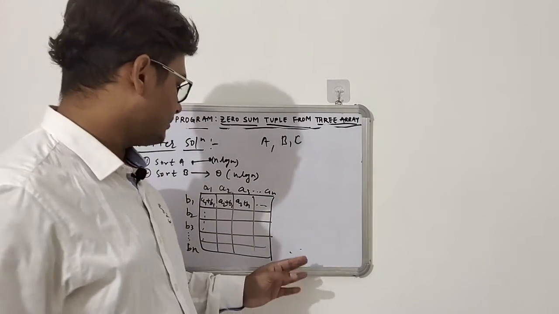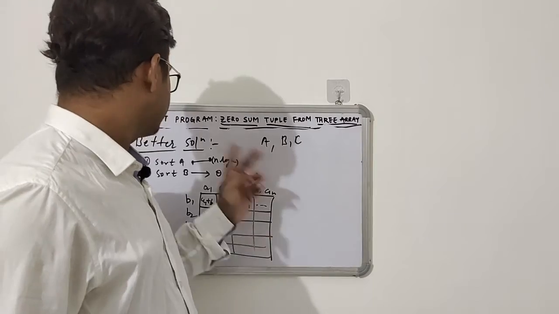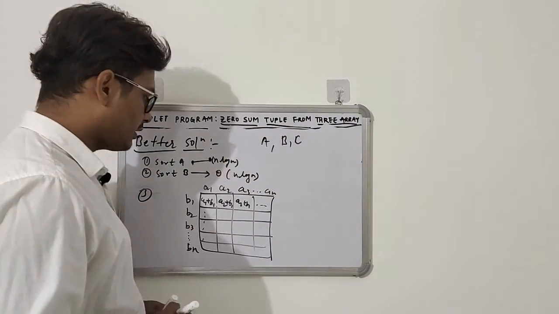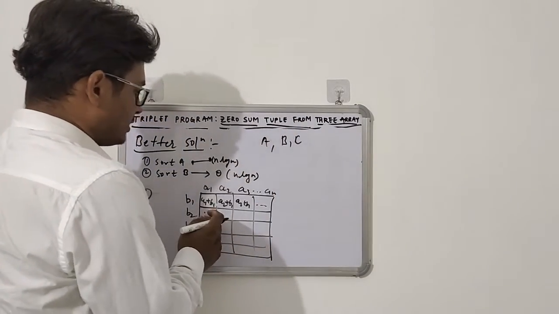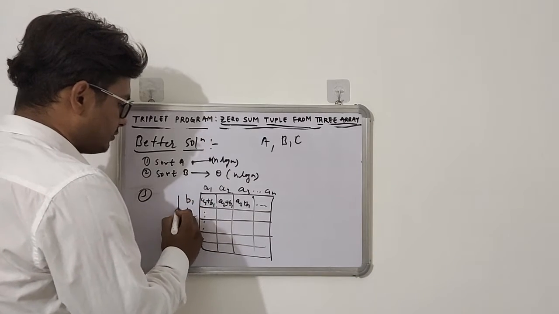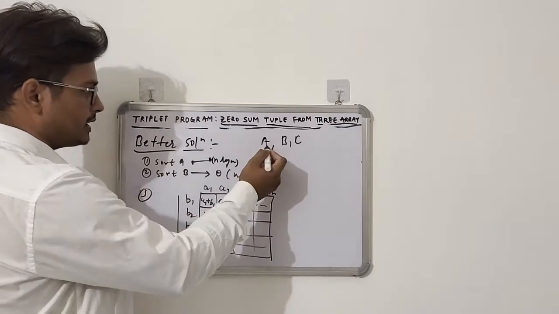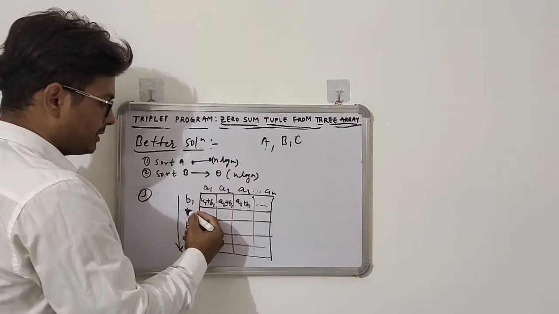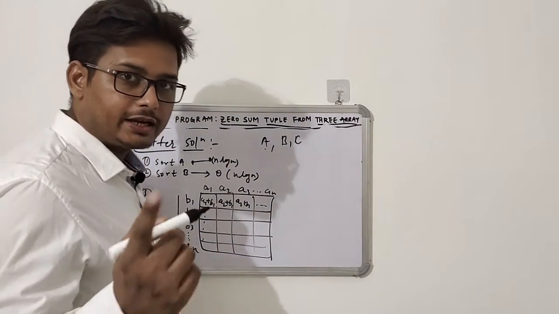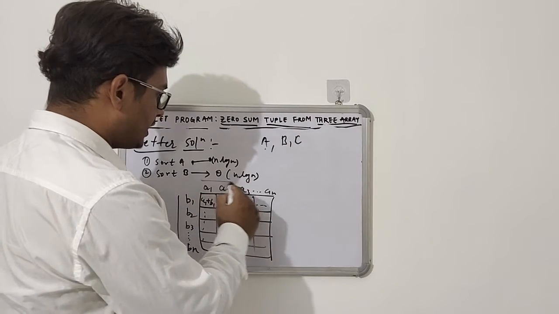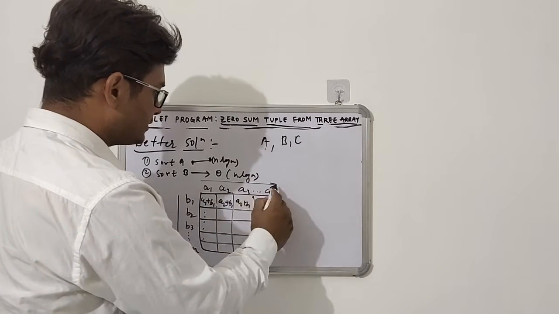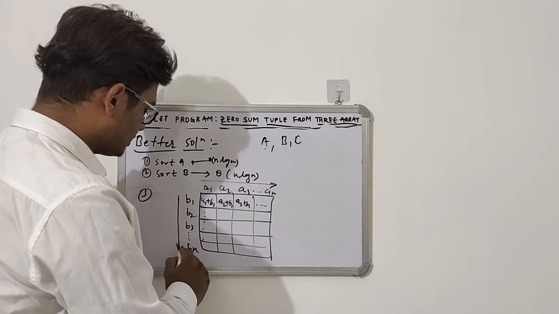Here is the main concept of this program or algorithm. Because we know that it is already sorted, these are not the elements of array A, but the elements of sorted array A and sorted array B. It is in increasing order, it is also in increasing order, right?